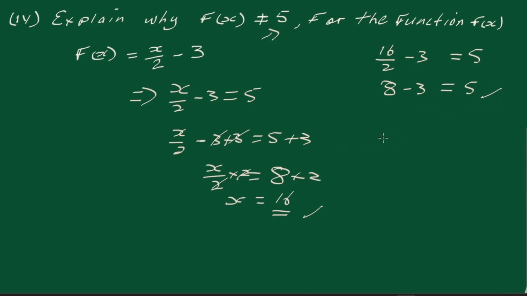However, according to our data, the domain given here is 1, 2, and 3, and the outputs of this domain were also given as negative 2.5, negative 2, and negative 1.5. 16, however, was not in the domain.